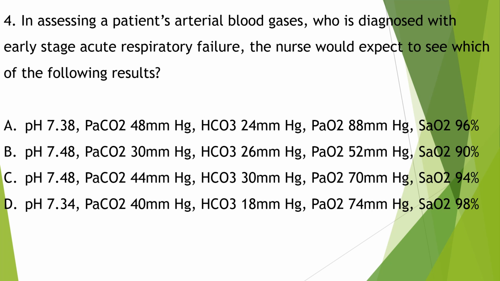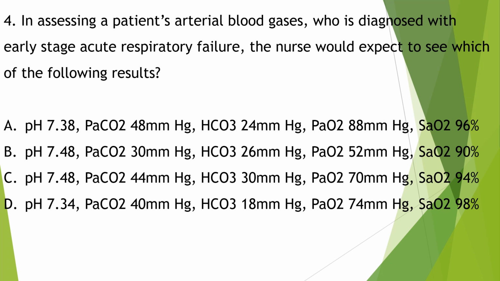So, the patient is in the early stage of acute respiratory failure. In the early stage, the nurse has to anticipate that the client's respiratory rate is elevated and the oxygenation would be reduced.